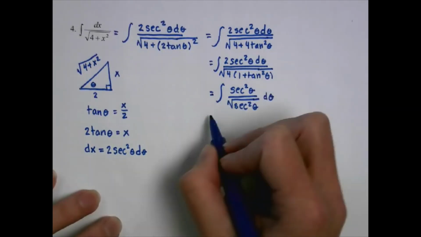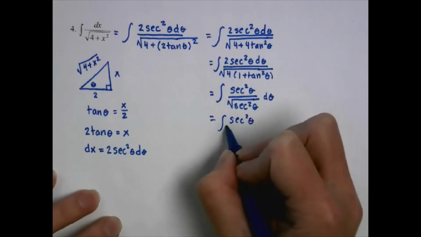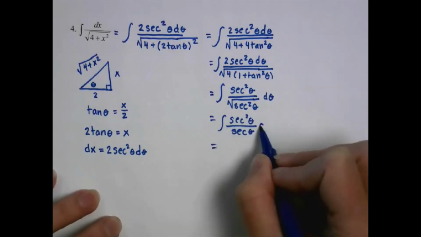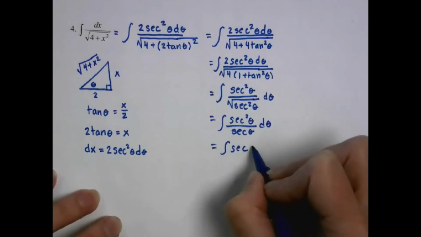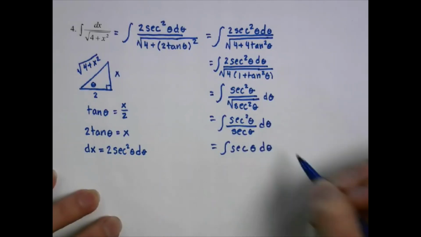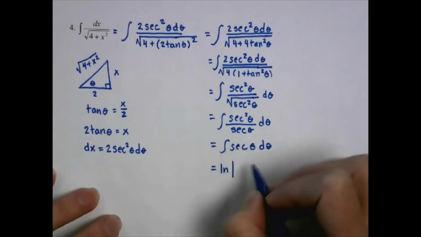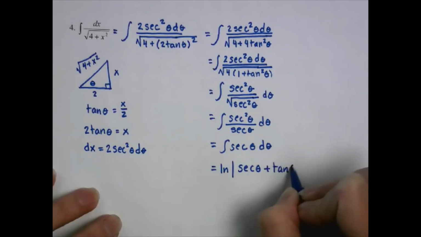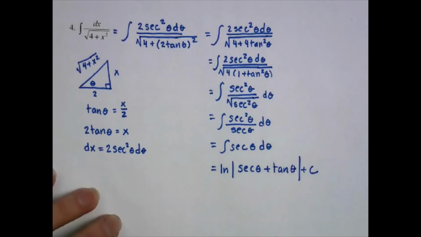Square root of secant squared is going to be secant. Secant squared divided by secant is going to be secant. And we know the integral of secant is the natural log of secant theta plus tangent theta plus c.